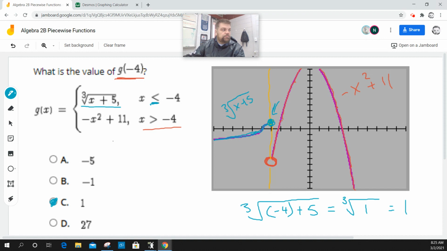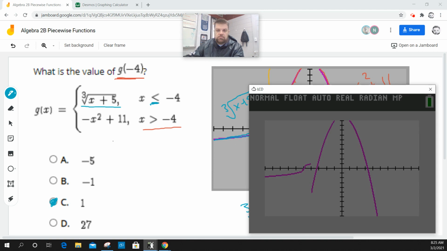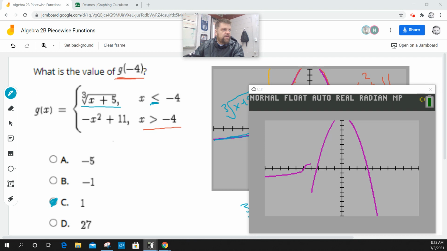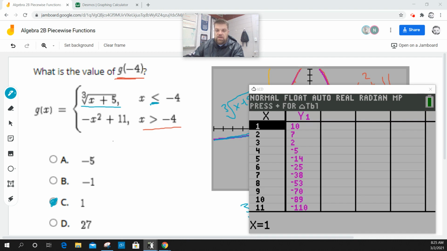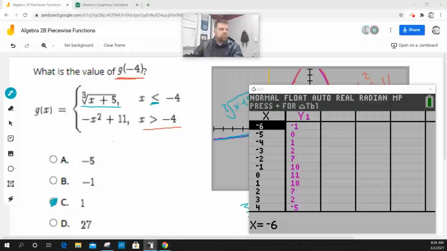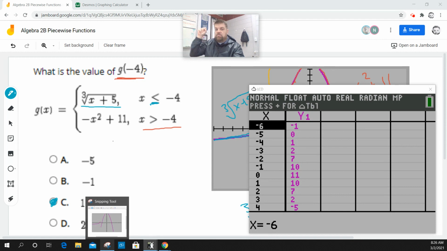But how do we verify that? Well, we go into our calculator and we look at the table of values. And we just scroll up until we get to -4. So even though the graph is what we call a jump discontinuity, which means that it isn't one continuous line, you have to remove your pencil.